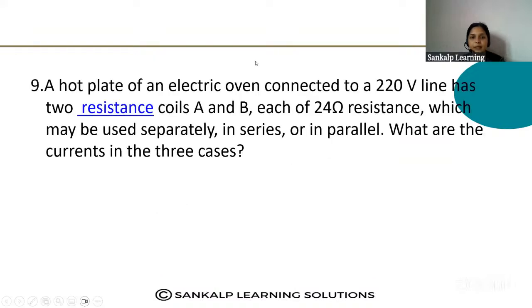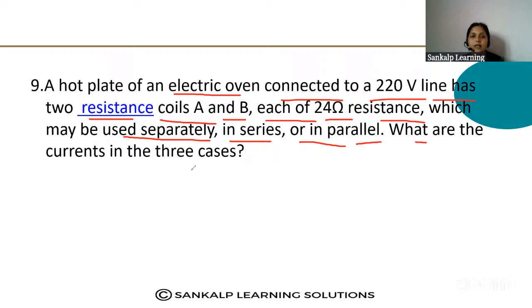A hot plate of an electric oven connected to a 220 volt line has two resistance coils A and B, each of 24 ohm resistance, which may be used separately, in series, or in parallel. What are the currents in the three cases?